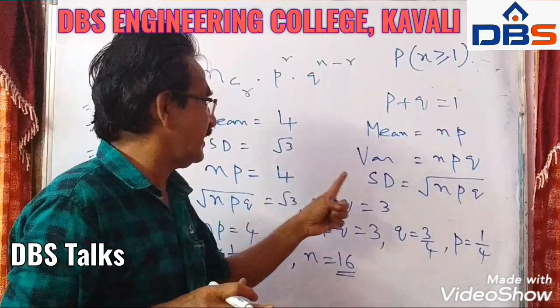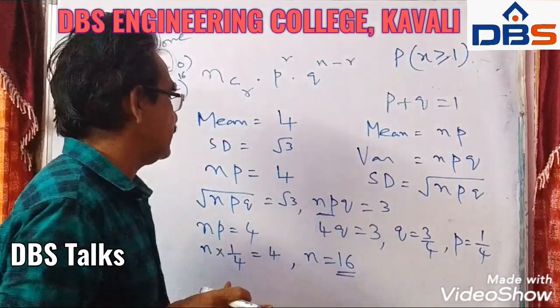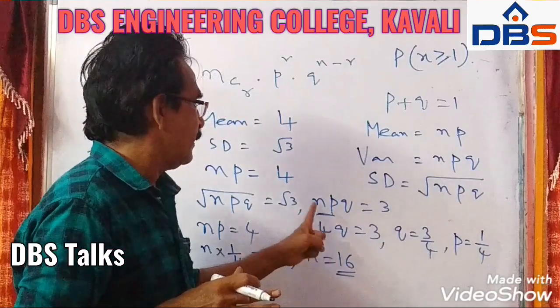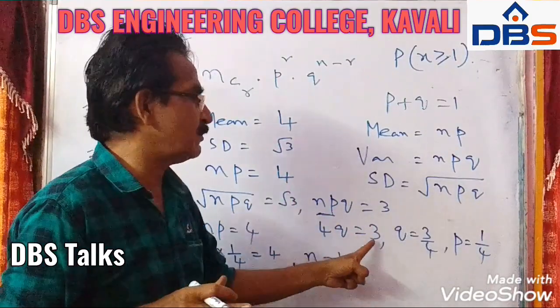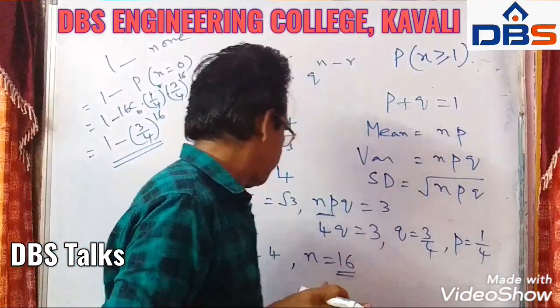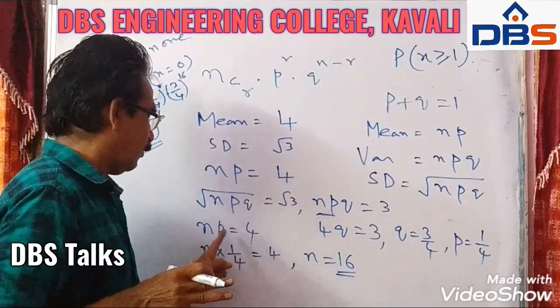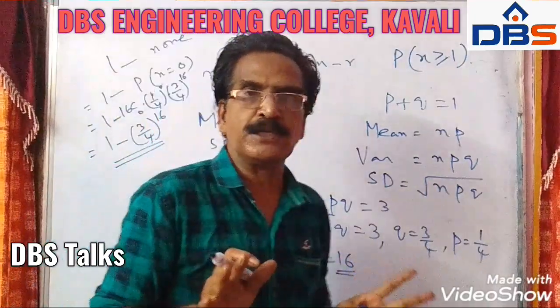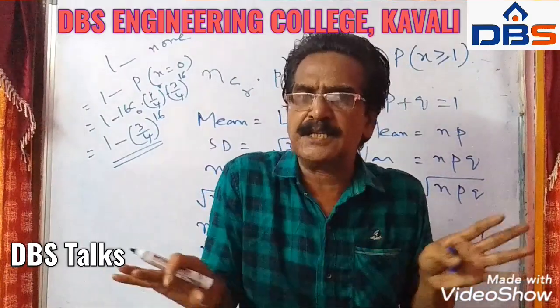From these two we find 4Q is equal to 3, Q is equal to 3 by 4, P is equal to 1 by 4. And from NP is equal to 4, we can find N. So we know N, P and Q, and we can find anything.